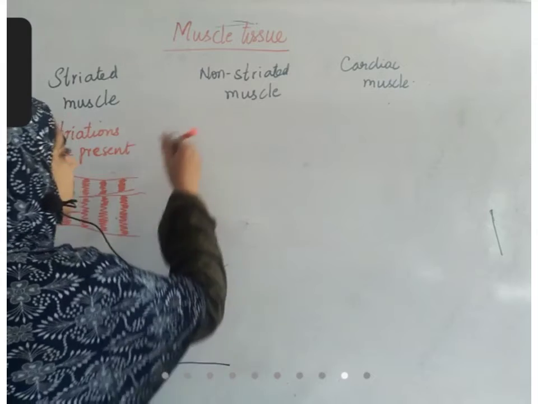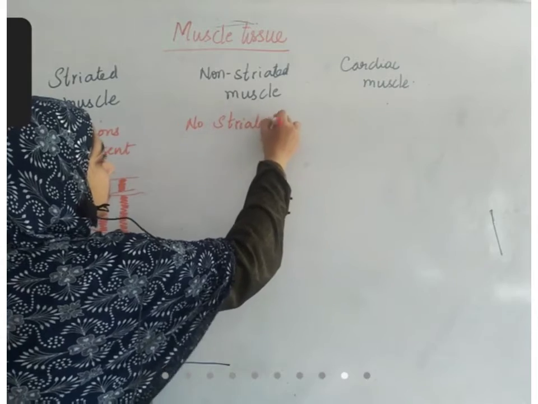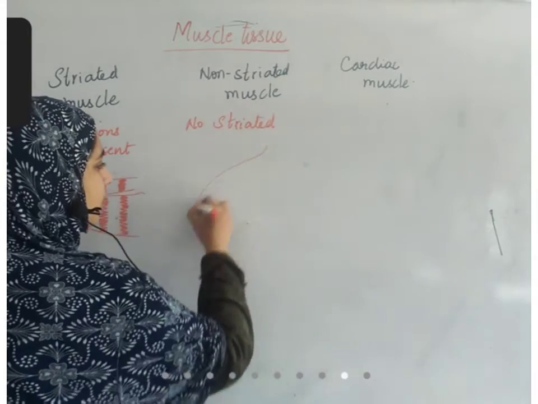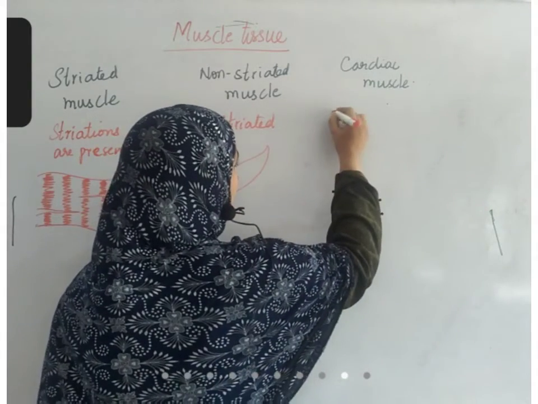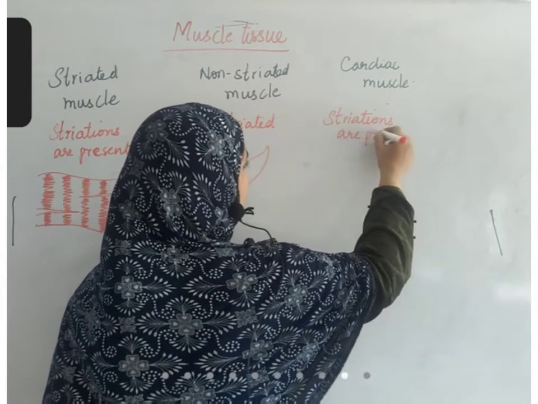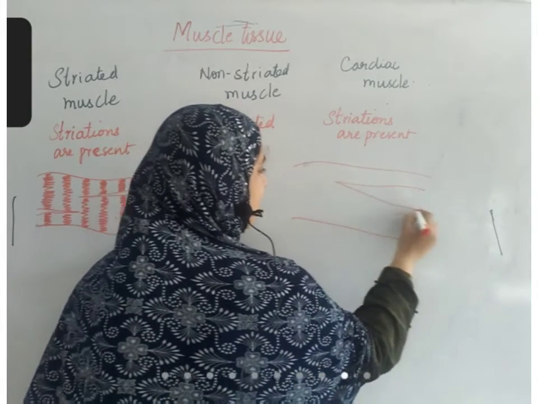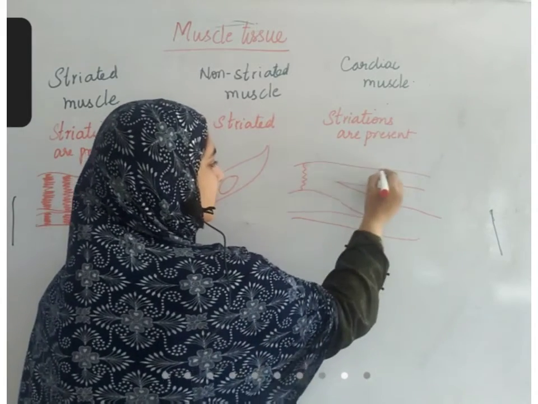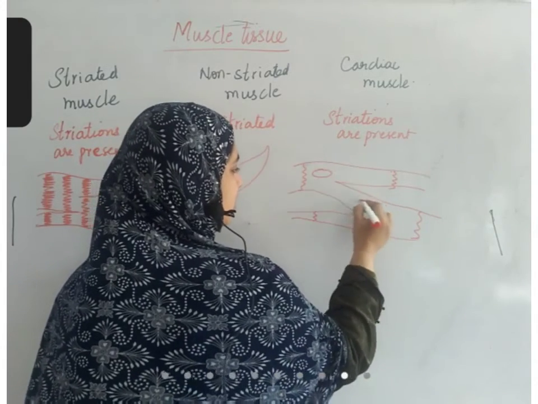You draw a smooth muscle: here no striations. So this is a cell like this. Here again striations are present, but these striations are small. When you draw a cardiac muscle, this is a branched muscle. There are some intercalated discs like this, and the nucleus.